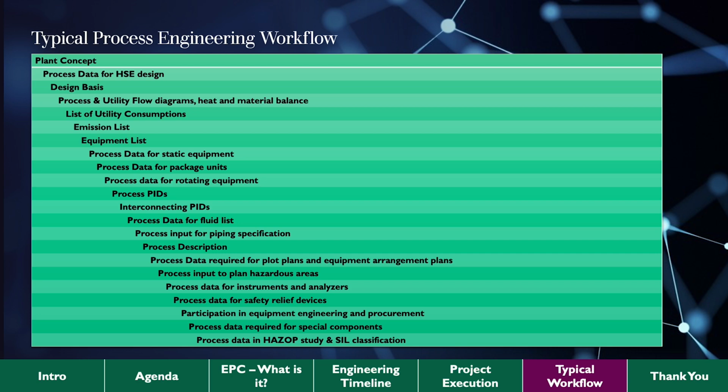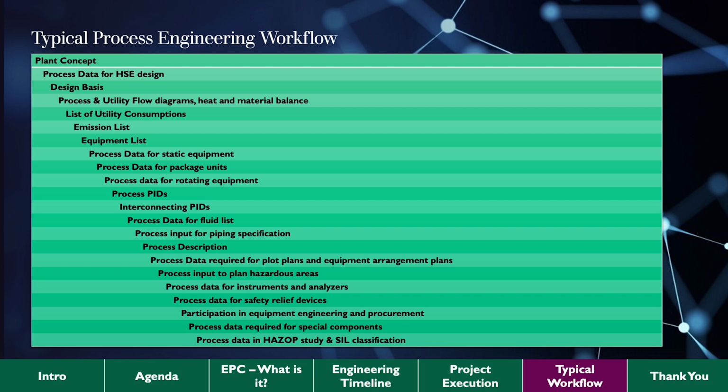And of course, you go to the P&IDs, piping and instrumentation diagrams. That's where all the details keep moving into the mechanical department, where you have to specify what type of piping, what diameters, what type of pipe spec sheet we can have, the material of construction. All these things come from the process.